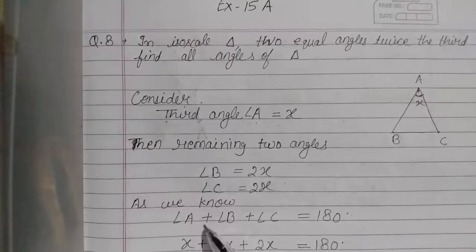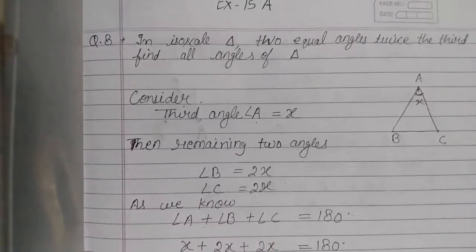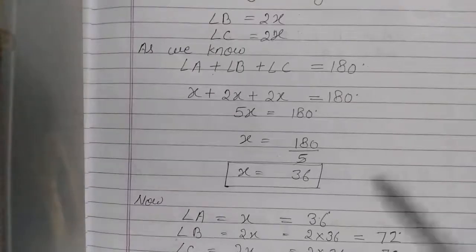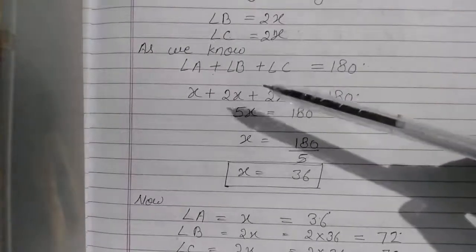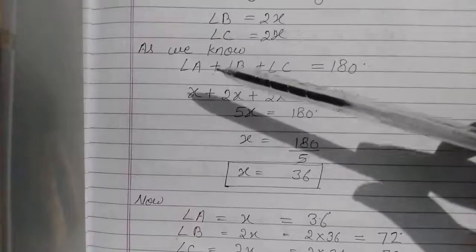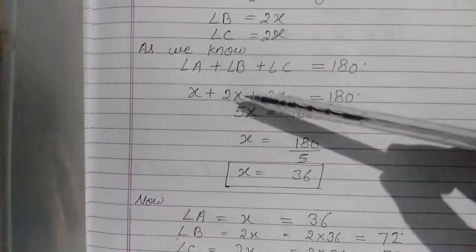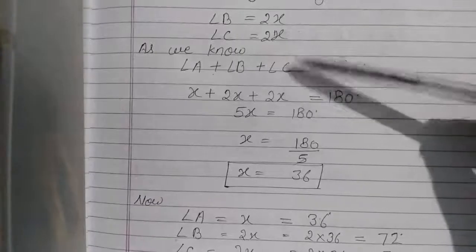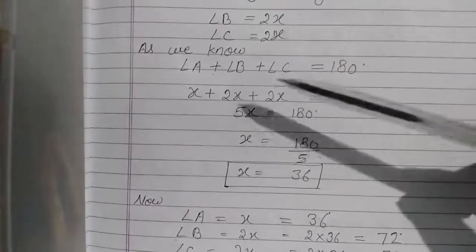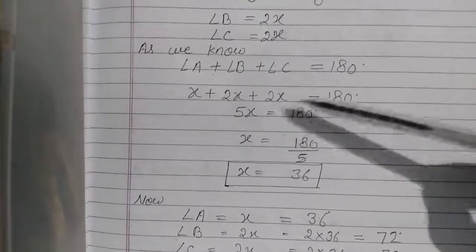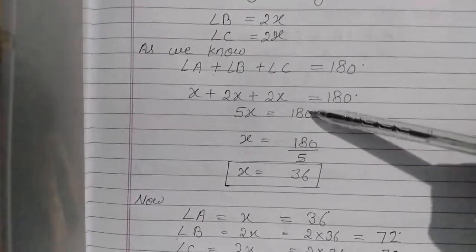That means angle A plus angle B plus angle C is equal to 180 degrees. Now in place of A, our third angle, I am putting the value x. B was 2x, C also was 2x, equal to 180. Now x plus 2x plus 2x is equal to 5x, and this 180 is 180.